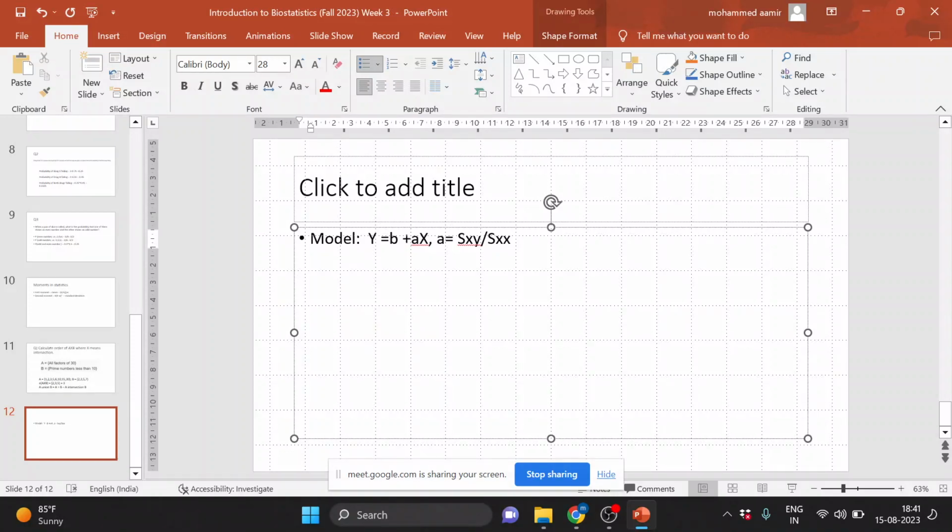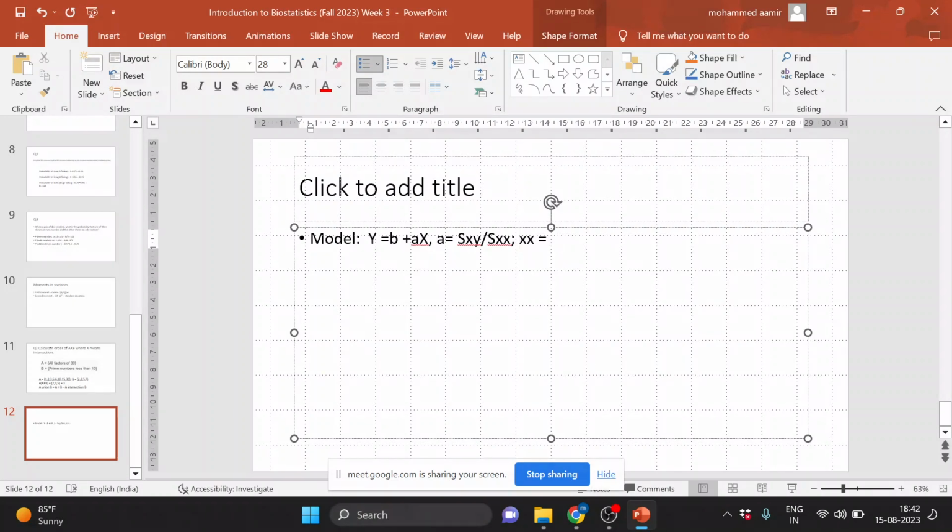And Sx square is the sum of variances, sum of x minus x bar the whole square. So Sxx is nothing but summation.